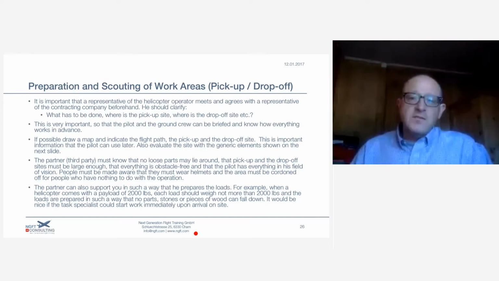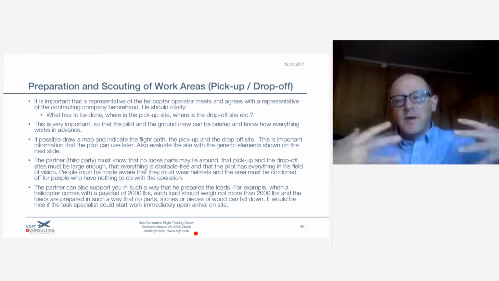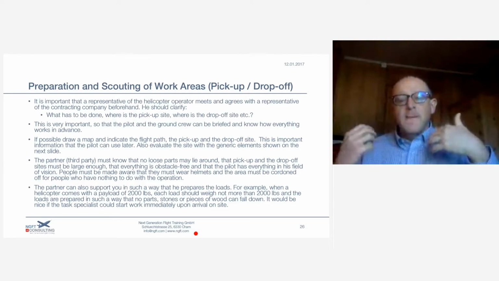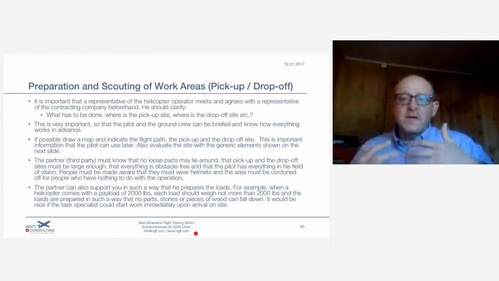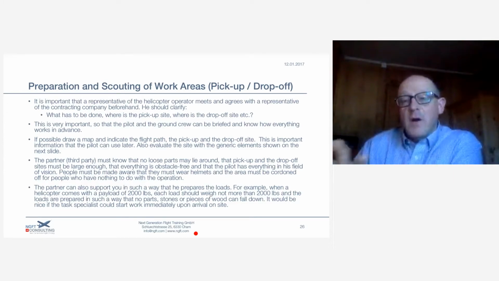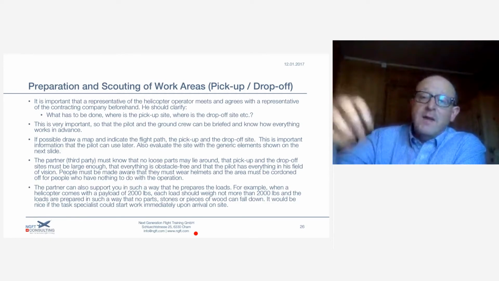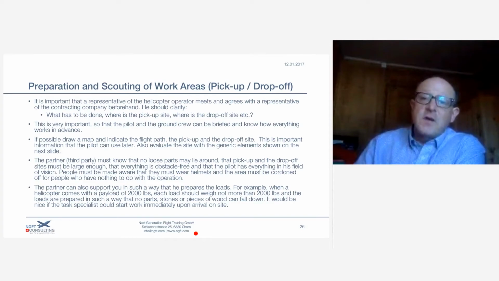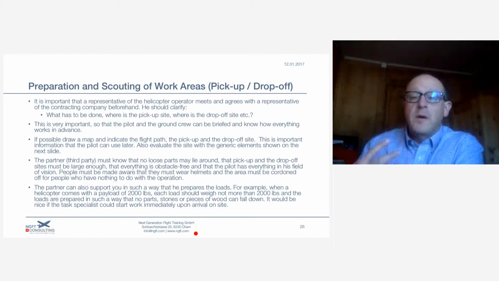And I think this is really important because it's a first set of information that you get from the operation. And typically you will do that scouting part with your partner, with the company or the person that actually requests the services from you. And that serves multiple purposes.